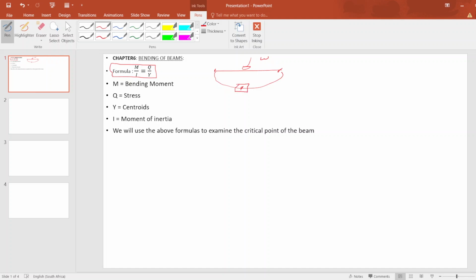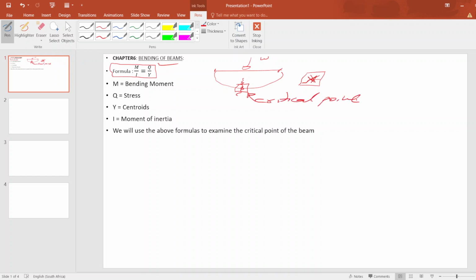Then we cut the critical point into two, and we look at the face of that critical point. What's happening on the face of that beam? That's what we said, that we will be using this formula to examine the critical point of your beam.